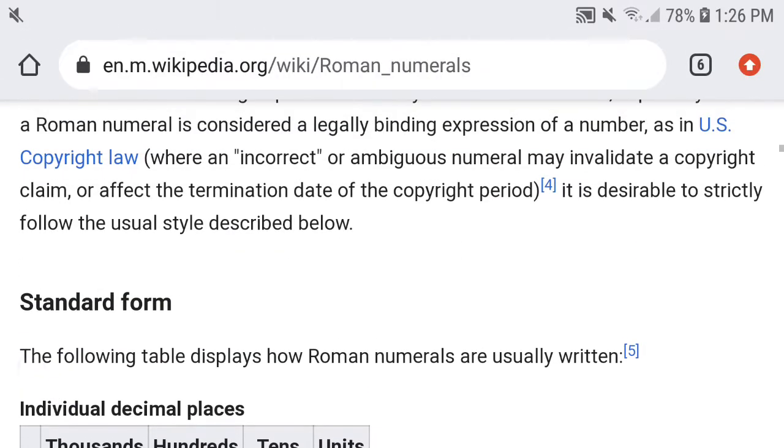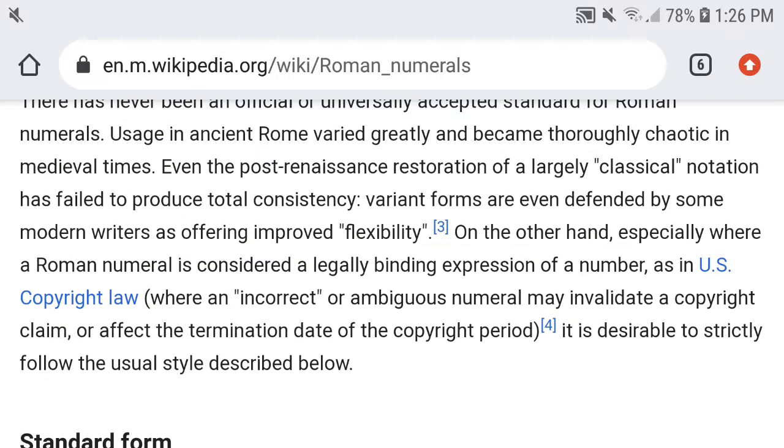Okay, so it's basically because there is no grammar or structure for how it's supposed to be used, right? Therefore, it can cause confusion, speaking in terms of copyright law, right?